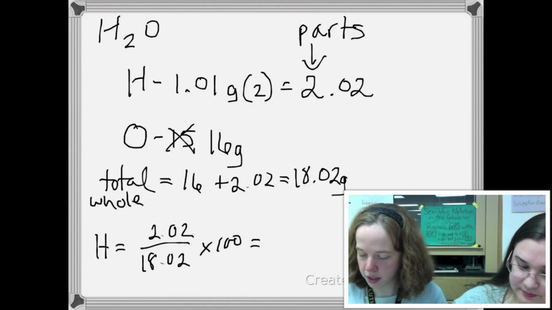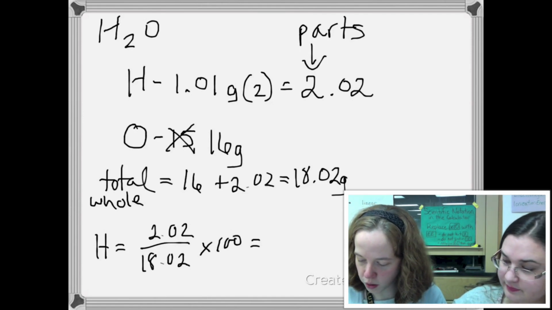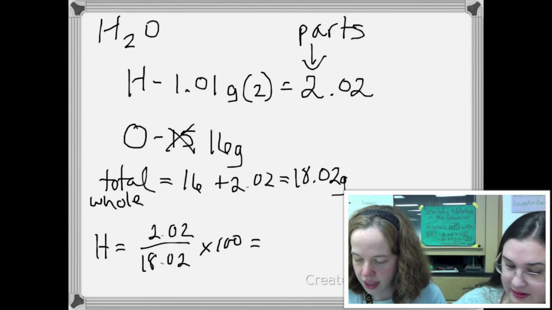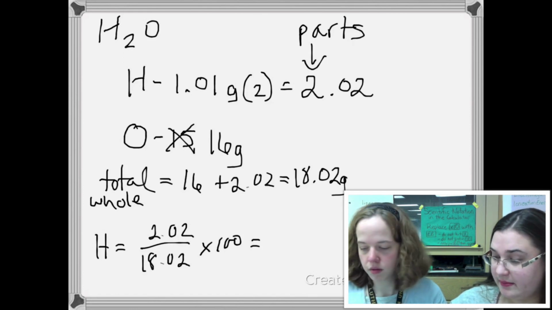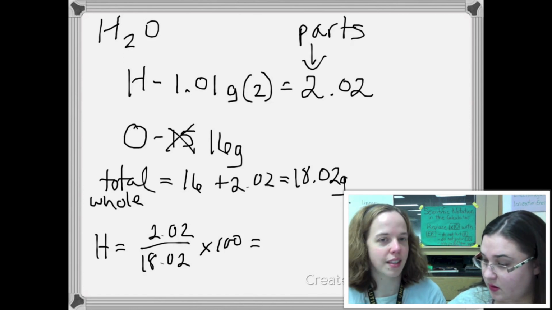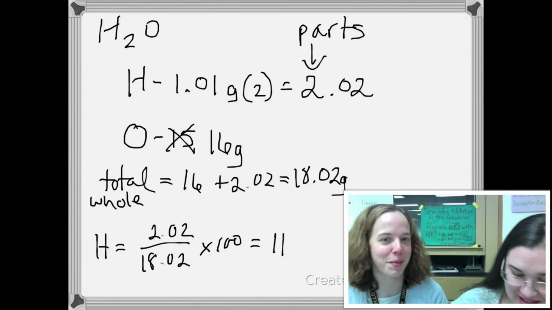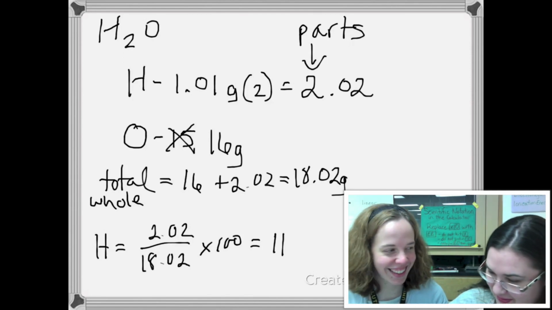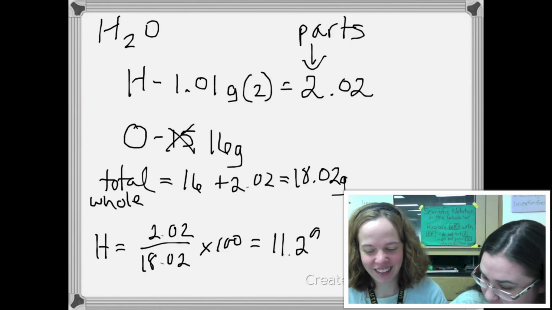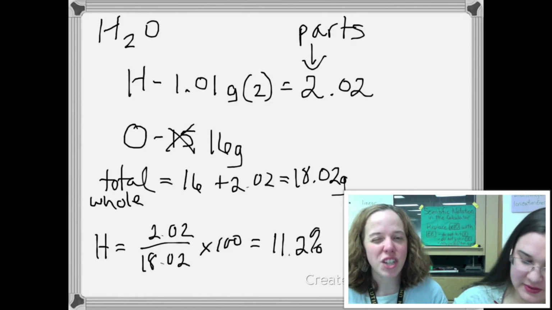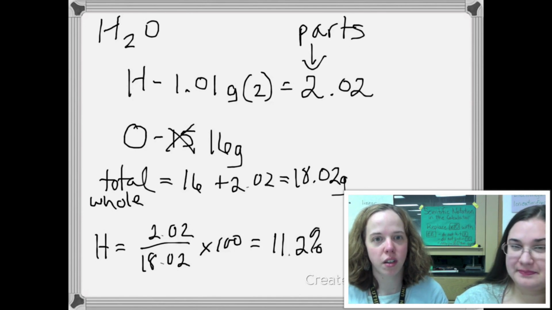So we plug that in our calculator: 2.02 divided by 18.02 gets us 0.112, and then we multiply by 100 to get 11.2%. Generally, when we're doing percentages, 1 decimal place is as far as we need to go.